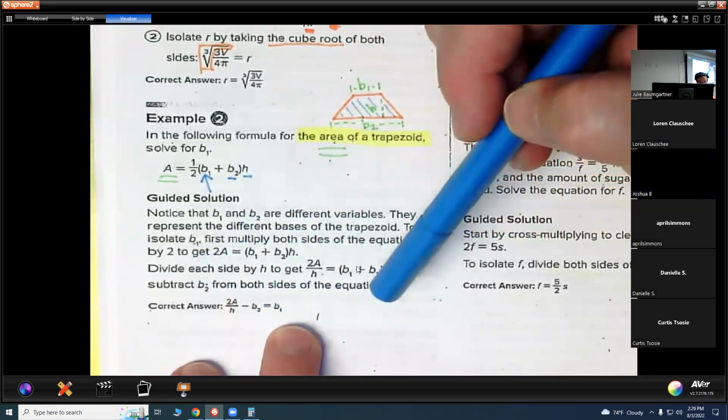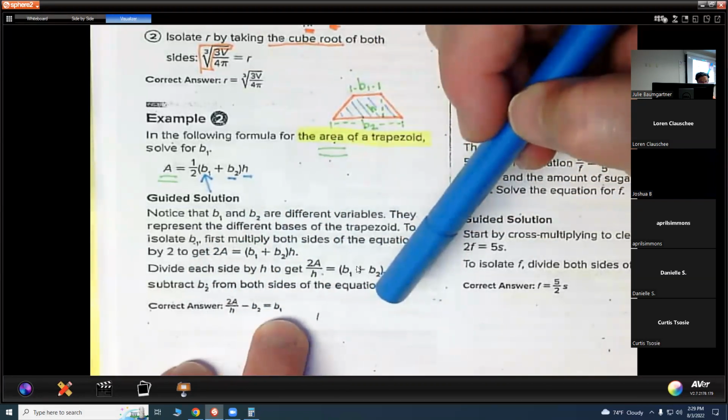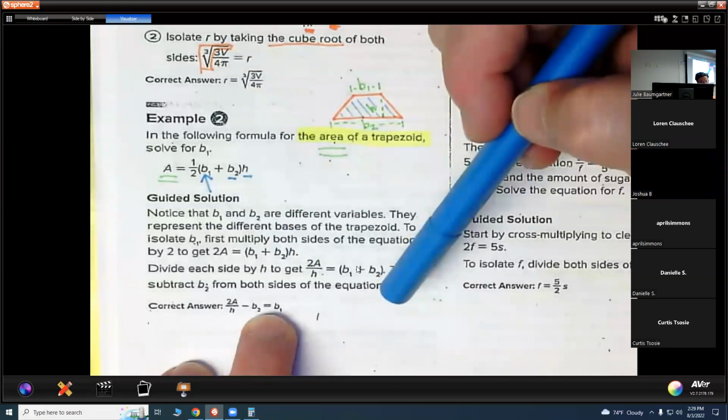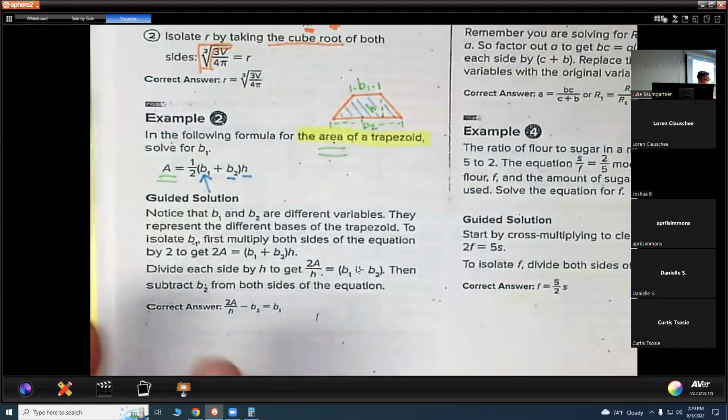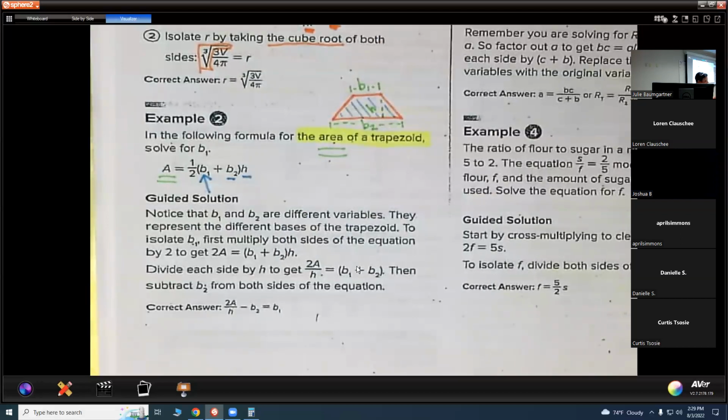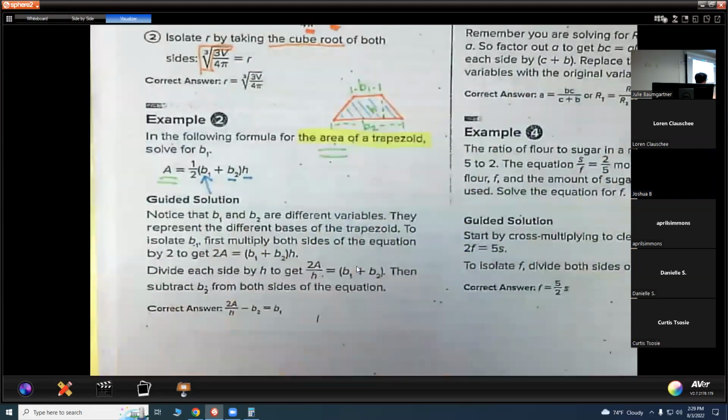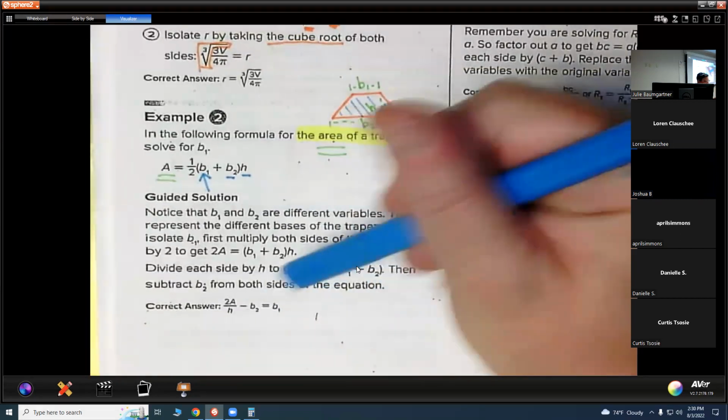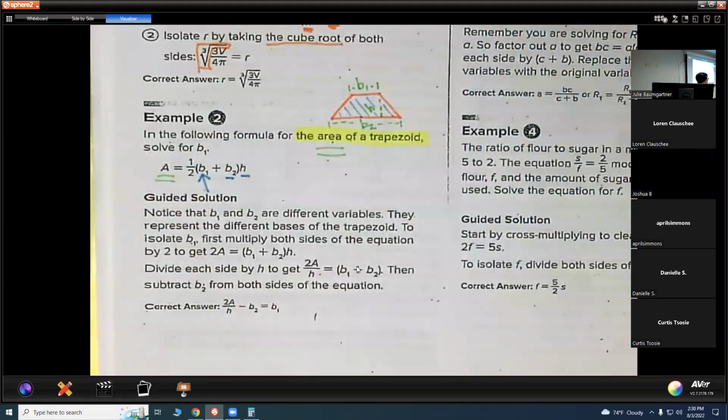So now if we need to solve for B1 and we know the area, the height, and the length of B2, we can solve for B1. Does that help build from example 1 to example 2 what we're doing? Really just using our algebraic rules, not to solve for anything, but to rearrange the equation so that we can isolate a different variable if we want.